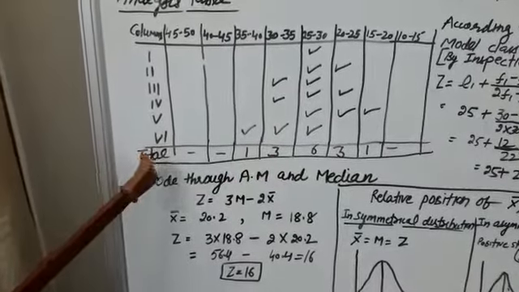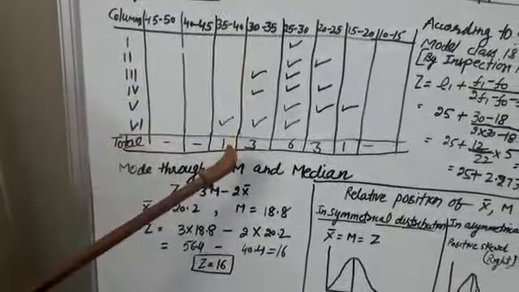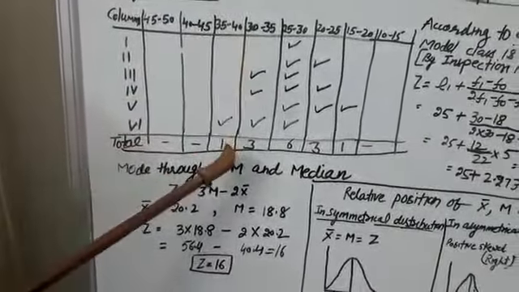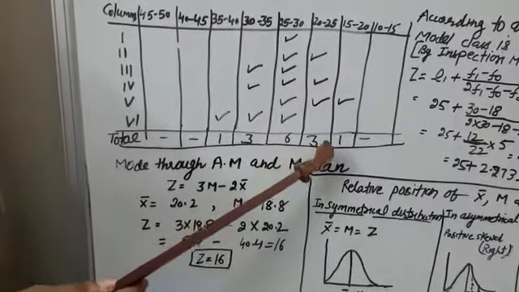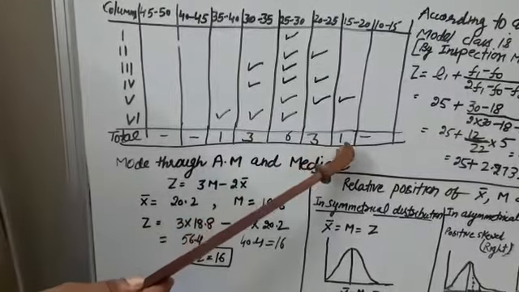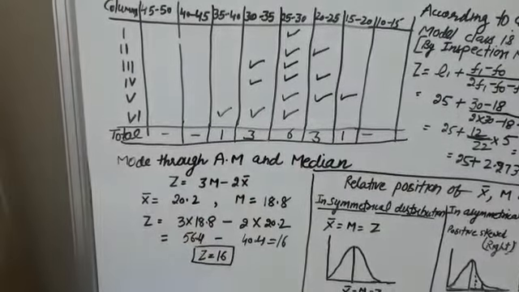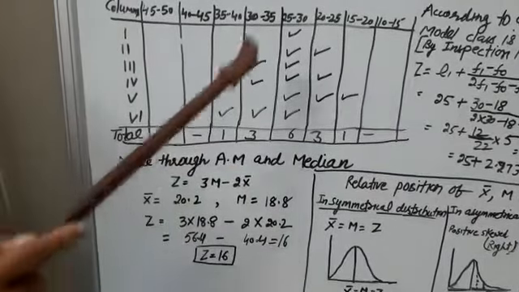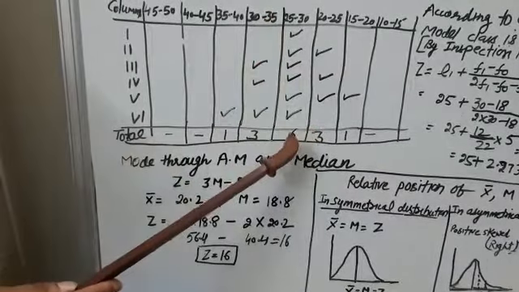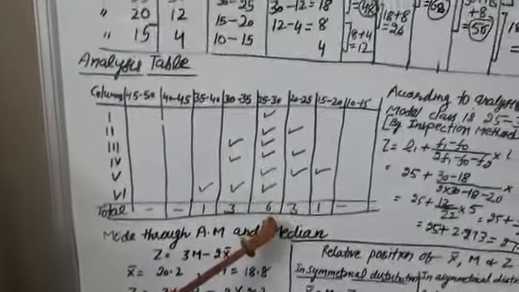Now the totals here: 35 to 40 is 1, 30 to 35 is 3, 25 to 30 is 6, 20 to 25 is 3 and 15 to 20 is 1. So it is clear 25 to 30 has the maximum number of ticks.